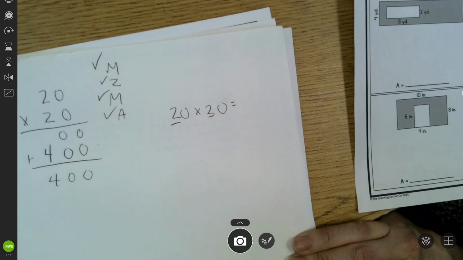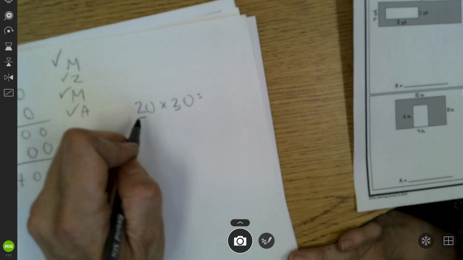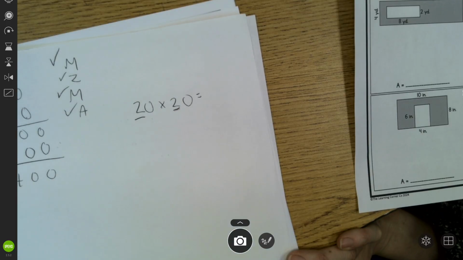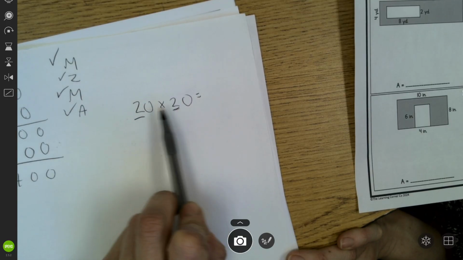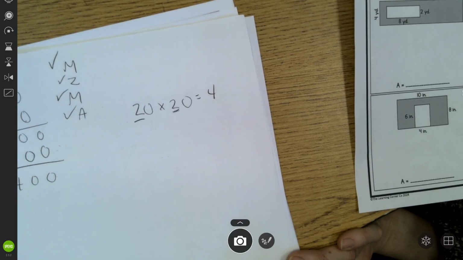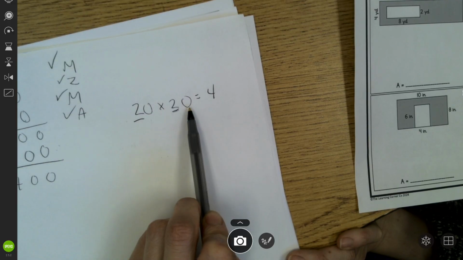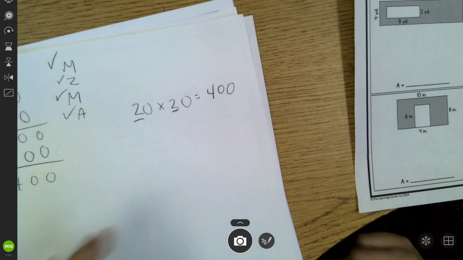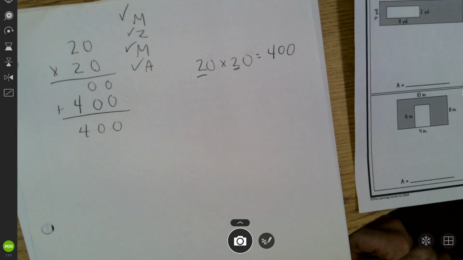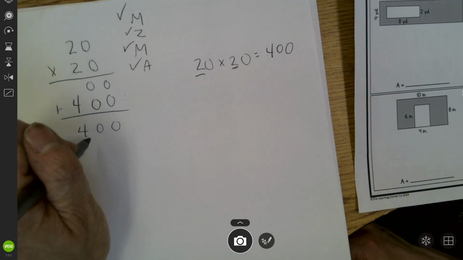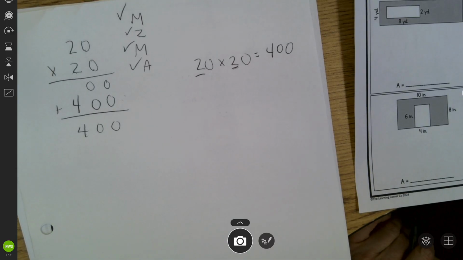Whenever I have zeros on the ends of numbers, I can underline the other digits. I have 2 times 2. 2 times 2 is 4. And then I could tack on 2 zeros. 1, 2. And you get the same answer, okay? And you could always check your work using the long multiplication strategy, all right?